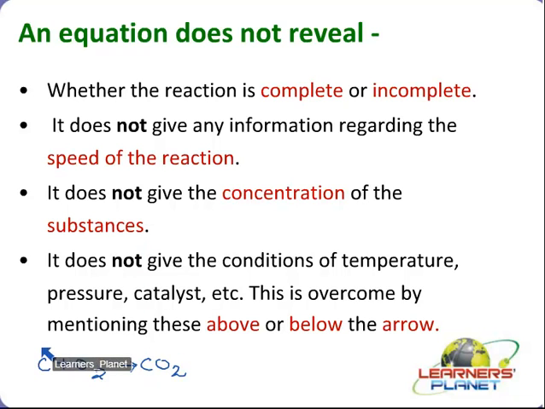Is it telling you how much carbon is taken, or how many grams of carbon, or what is the concentration of oxygen being taken, or how much carbon dioxide is being formed? No. In certain cases, students, when I am taking H2SO4 or HCl, I can write dilute or concentrated.